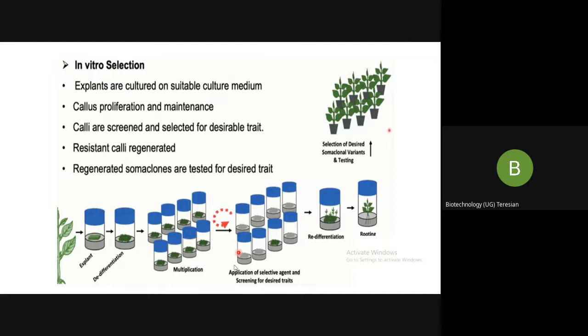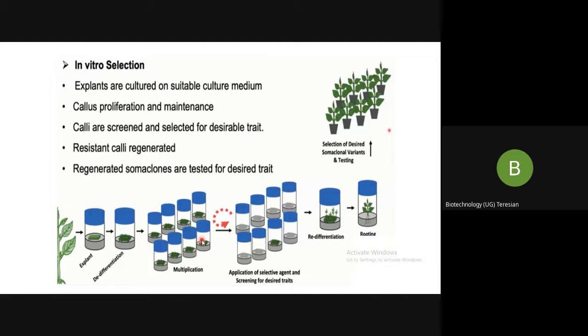You do all that on the callus itself. Multiply the callus, take pieces of callus, multiply again and do all these tests. You want to see whether they are pathogen resistant, herbicide resistant, inhibitory to your toxins, whether they can withstand abiotic stresses, meaning your temperature, your salt conditions, cold conditions.